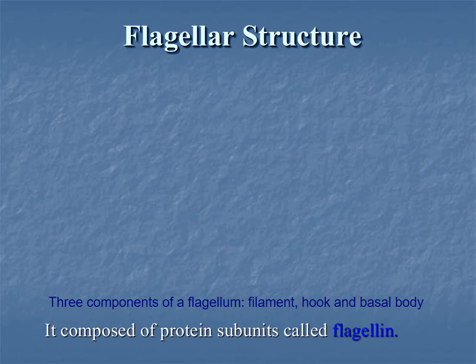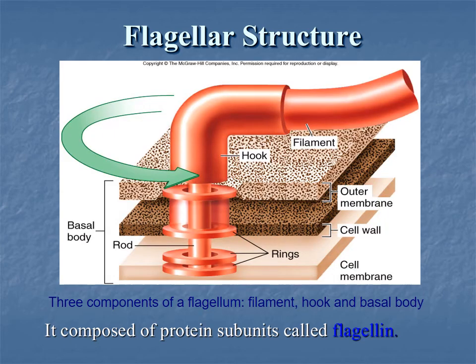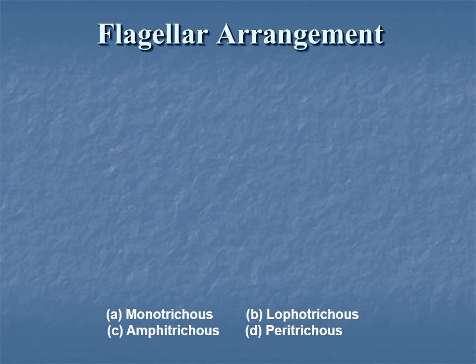Again, gram-negative microorganisms have two pairs, it means 4 rings, and gram-positive microorganisms have only one pair of rings, only 2 rings. After this basal body, you can see the hook and the filament. Flagella are composed of a protein called flagellin.